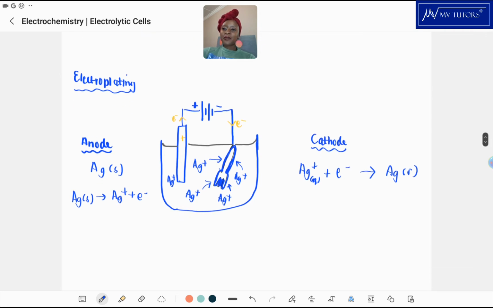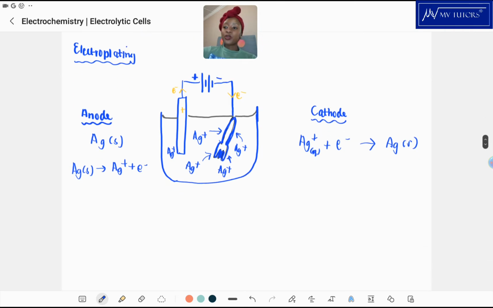I like examples or other questions because you know what happens. If you were to do your redox, on the oxidation side, where oxidation occurs, your solid ends up as ions because it has lost electrons.